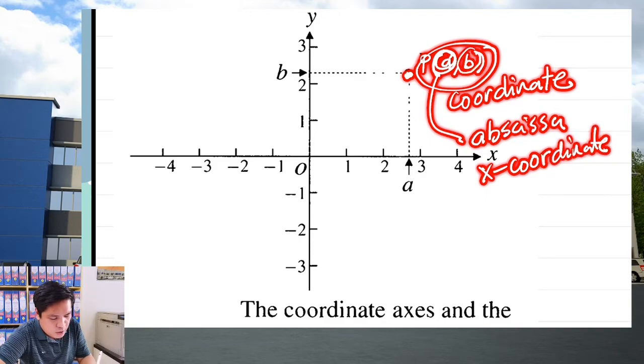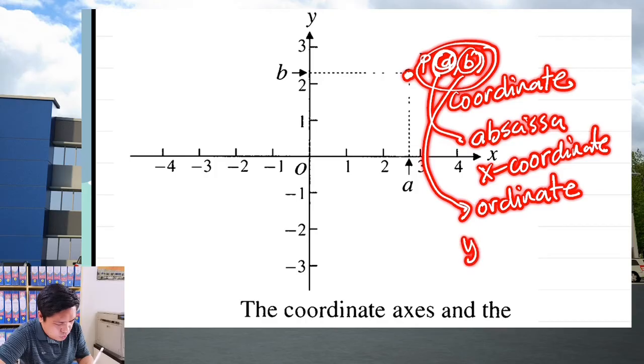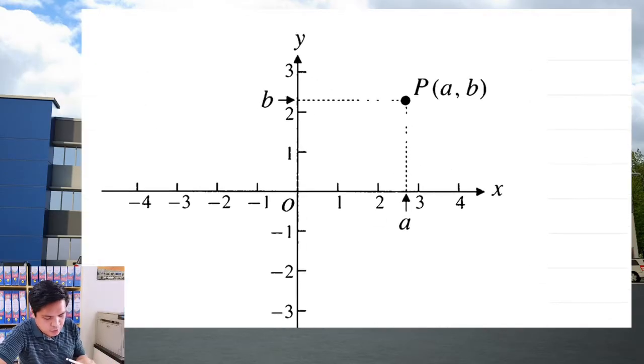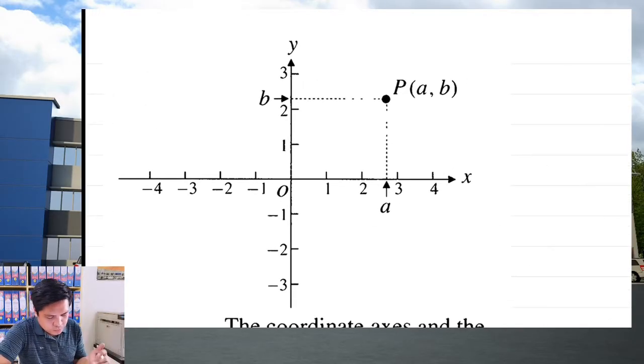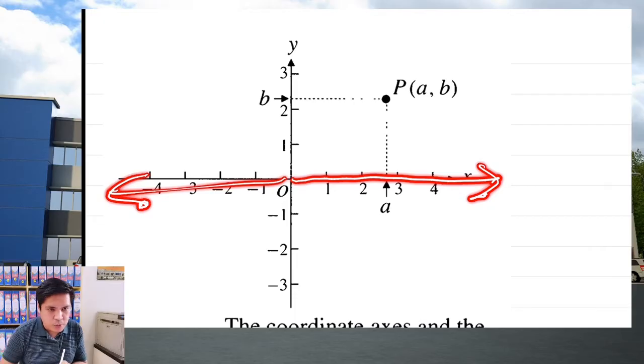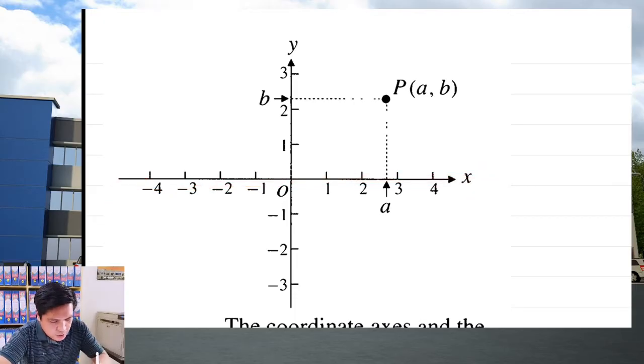The second element in this ordered pair is called the ordinate, or y coordinate. Numbers to the right are positive, to the left negative, similar to the real number line, and numbers above are positive and numbers below are negative.